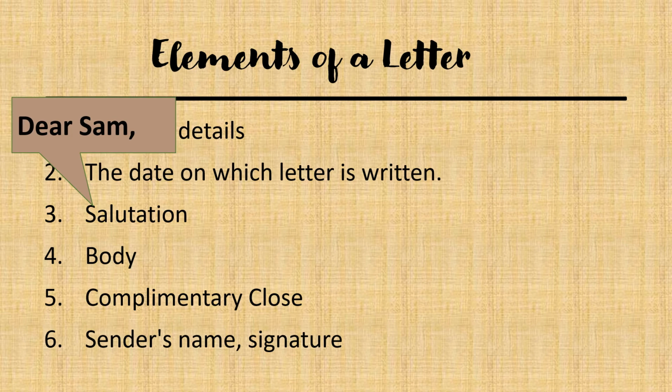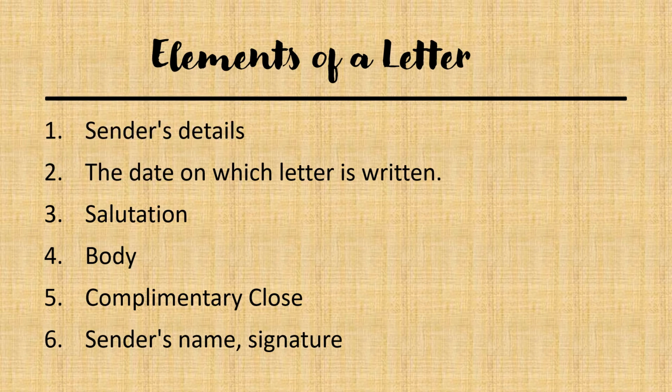After the salutation, a very important element of a letter is the body. The body of the letter is very important. It begins with an informal inquiry about the health and happiness of the receiver of the letter. This part contains the actual message of the writer.